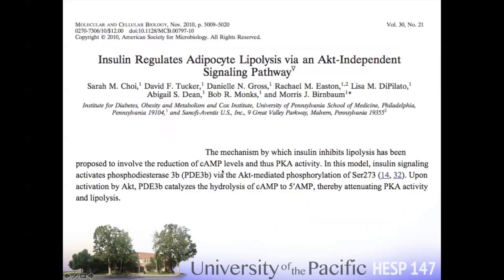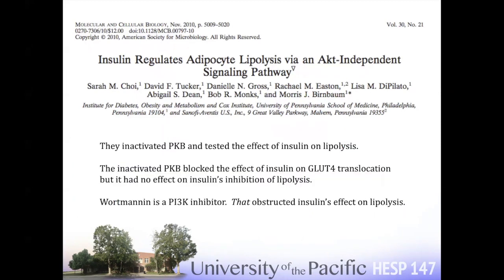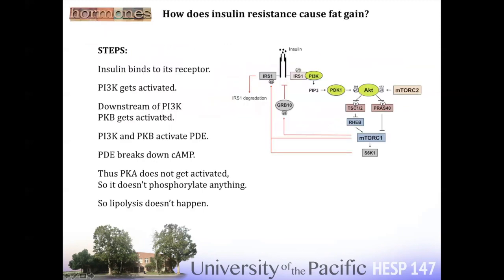But there seem to be multiple ways in which insulin is activating your PDE. It seems to come from both PI3K and PKB. Now, downstream from PKB is GLUT4 translocation, but PI3K and PKB both seem to be activating phosphodiesterase.